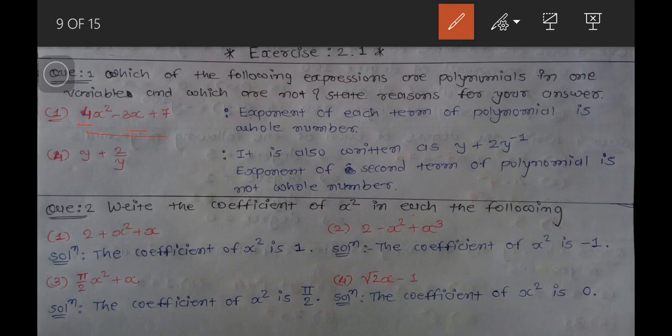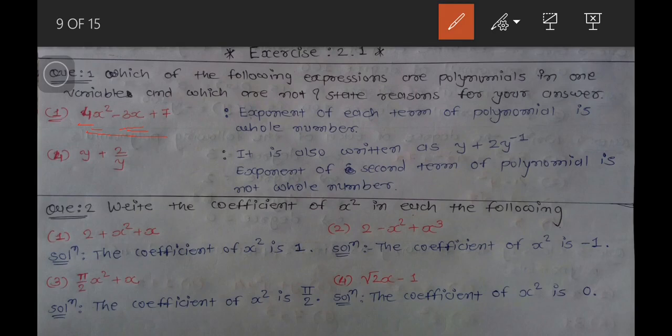You can see that x in the first term 4x square has a whole number exponent, minus 3x also has an exponent that is a whole number. Then we can say that the given algebraic expression is polynomial.